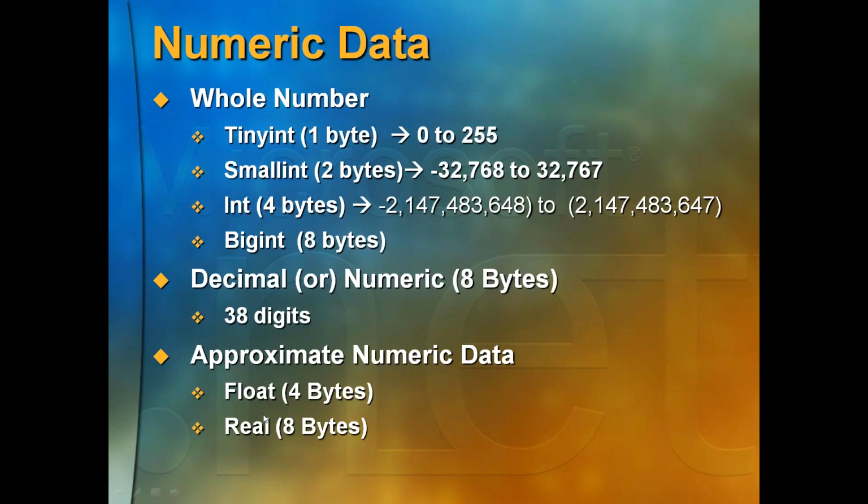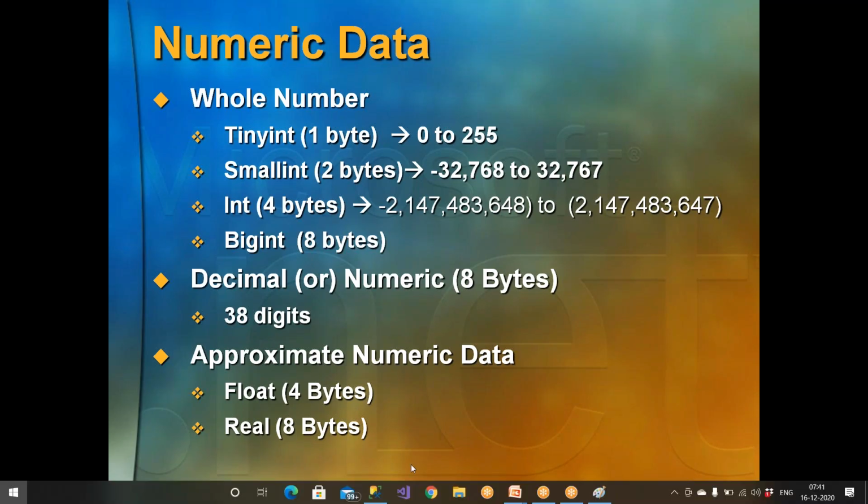So float and real mean approximates, like 0.33333. We'll say recurring numbers or approximates. Clear? So float is 4 bytes and real is 8 bytes. One can occupy fewer digits after the decimal, the other is going to occupy more digits.